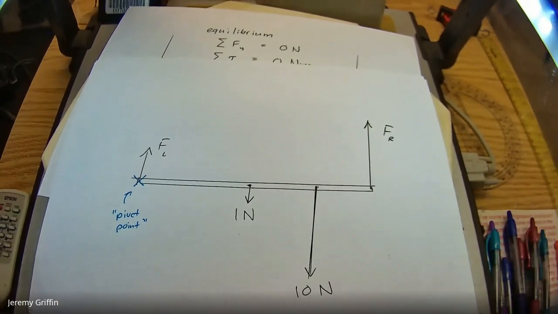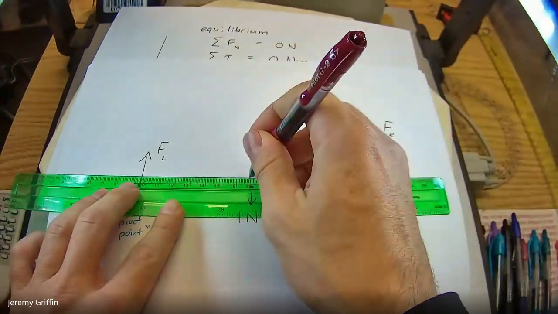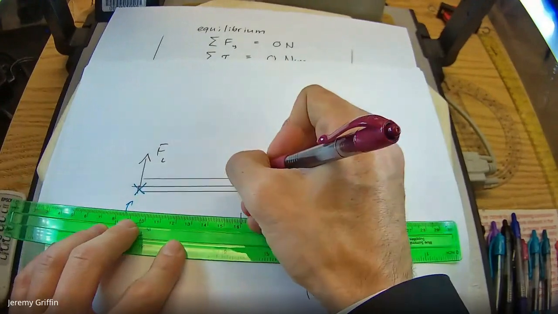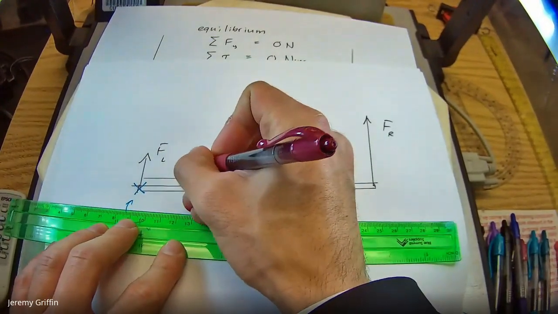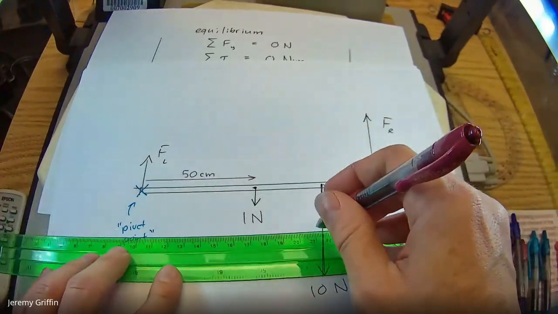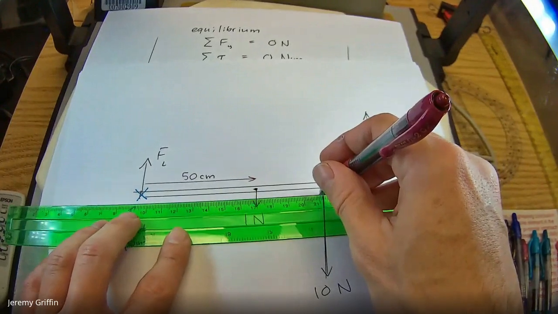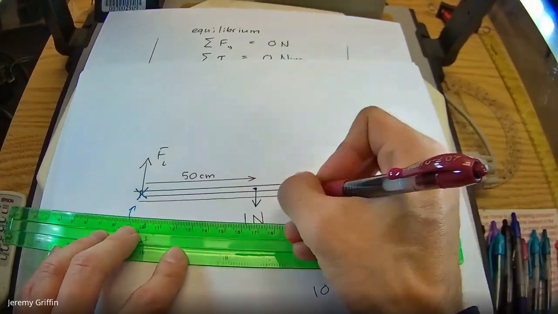So let's see. You guys know that this distance here is 50 centimeters. Here's what I'm going to do. I'm going to park this guy over here at 75 centimeters.